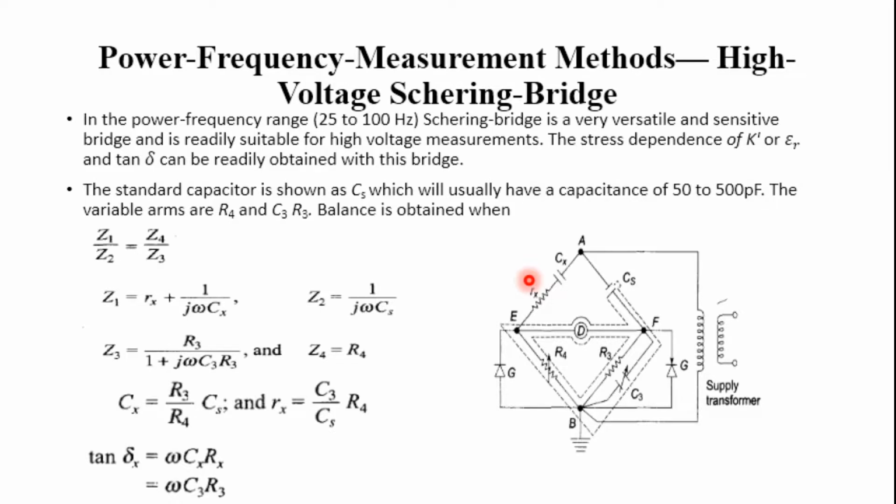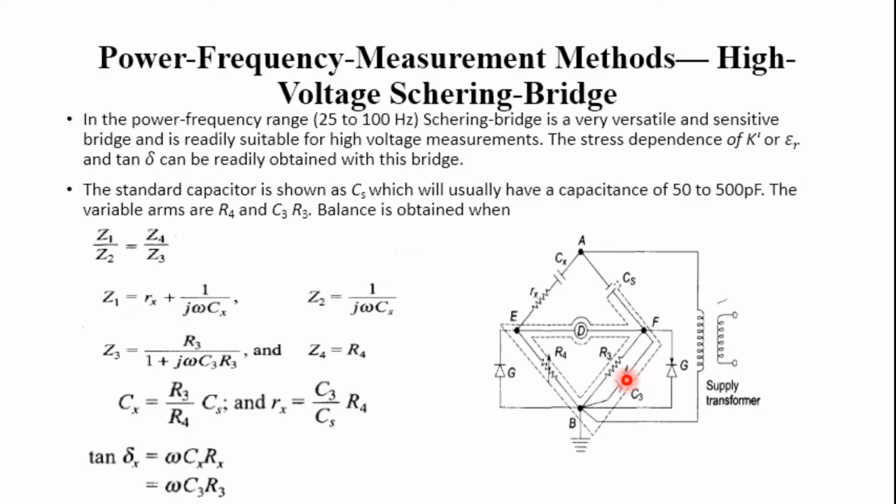Normally the method for balancing is by fixing the values of R3, C3 and R4. If R3 is chosen as some value, 10 to the power 4 over pi ohm, with omega of 100 pi, and the capacitance is expressed in microfarad, then tan delta is equal to C3 in microfarad.